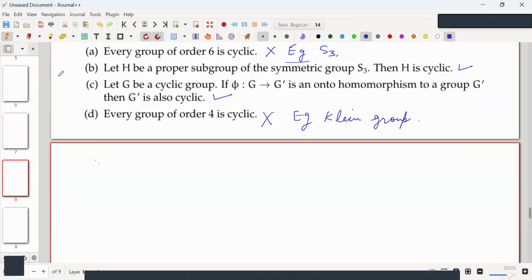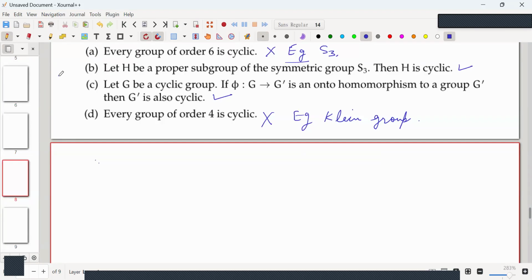You start with any non-identity element, look at the subgroup generated by it, then that subgroup is already inside the group, and you need to show that the group is generated by that element. So any element inside the group is of the form a raised to m. And then I leave it to you. A similar kind of argument may work, that division algorithm thing we do now.